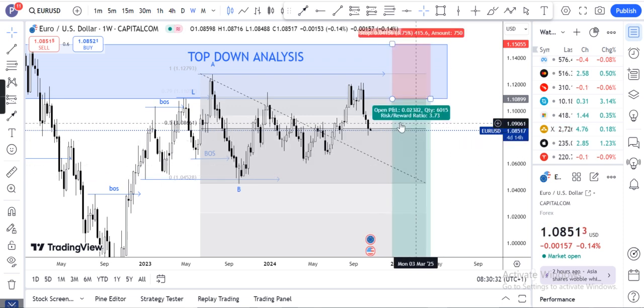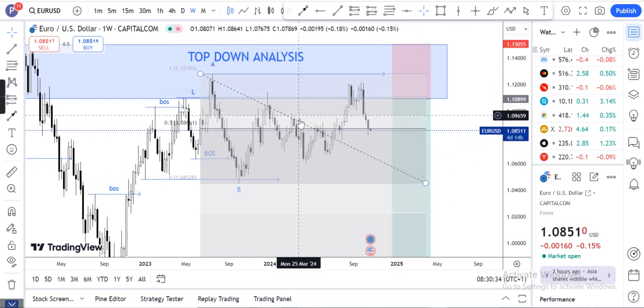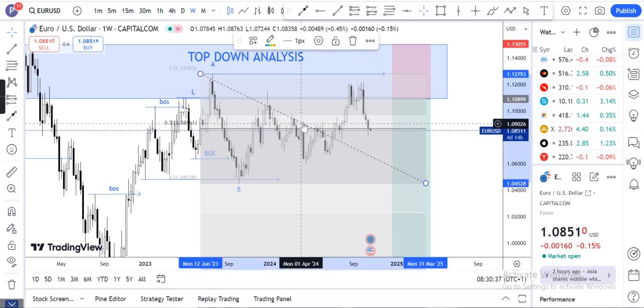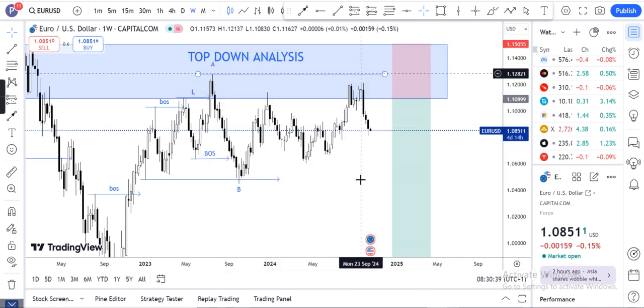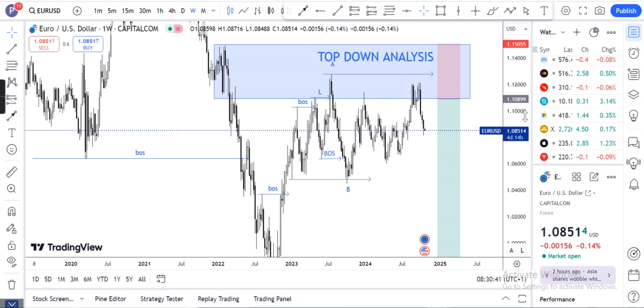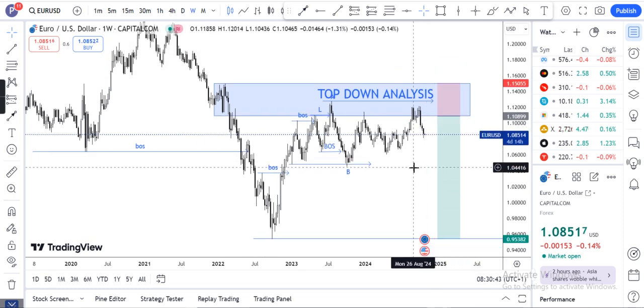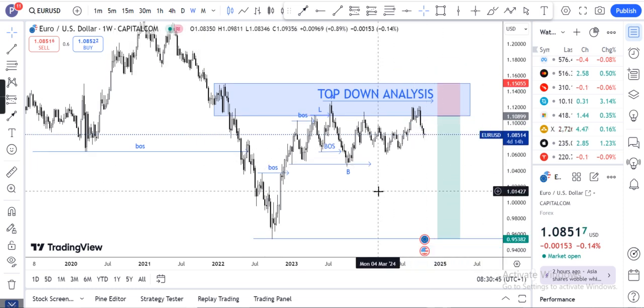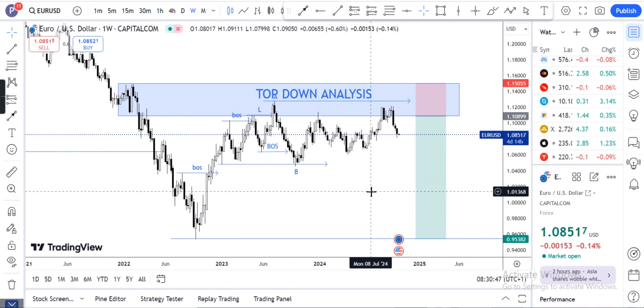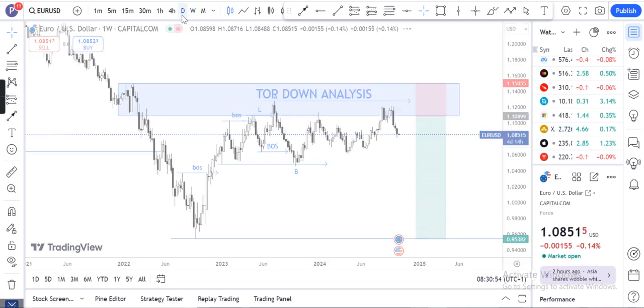So what do we simply do? We can now remove this, and then let's see. Looking at the structure, we can now go to the higher time frame, which is the daily time frame.